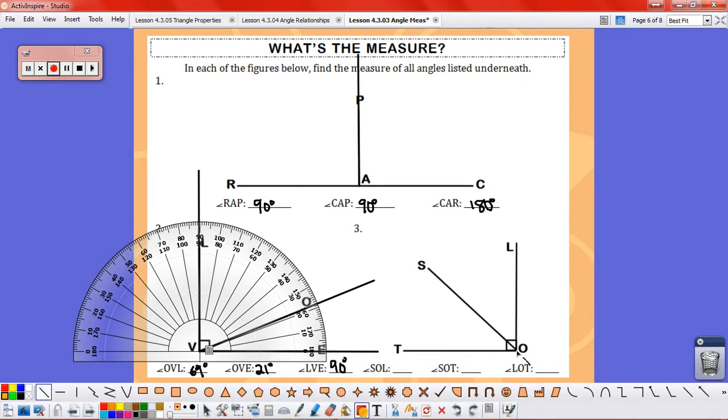Alright, this one here. Let's measure this one too. Extend the lines.